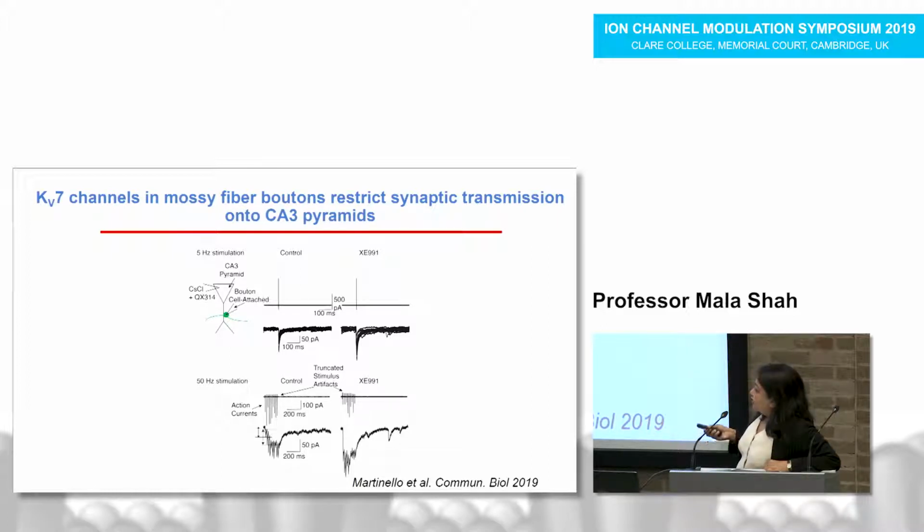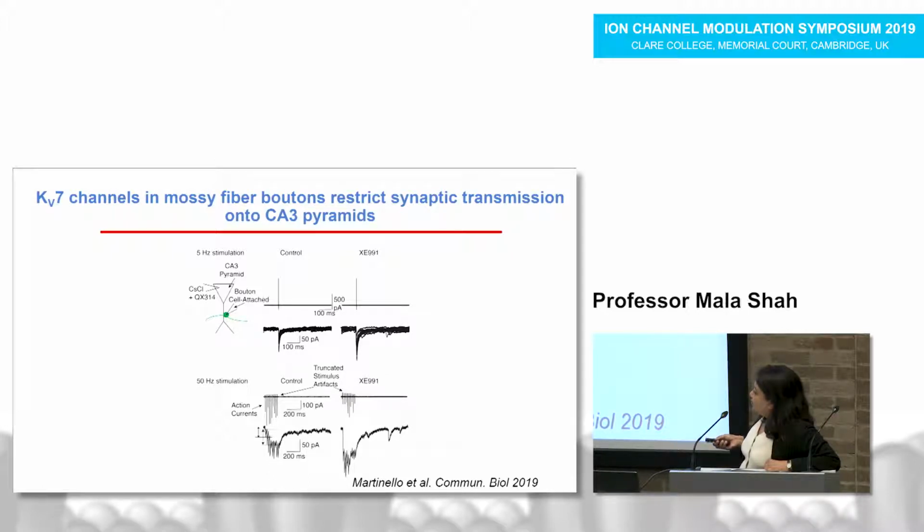If you look at a train of action currents under control conditions, you can see that you get paired pulse facilitation. The second EPSC is much greater than the first EPSC in these recordings. This is at 50 Hertz stimulation. And then with XC991, the paired pulse ratio is reduced considerably.